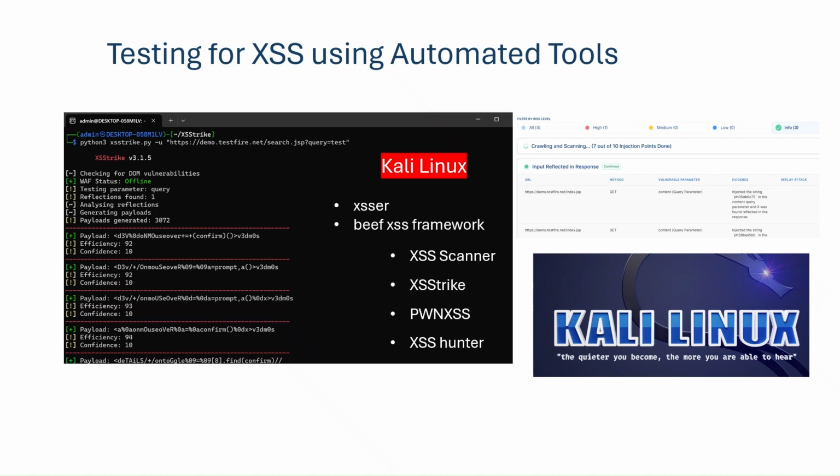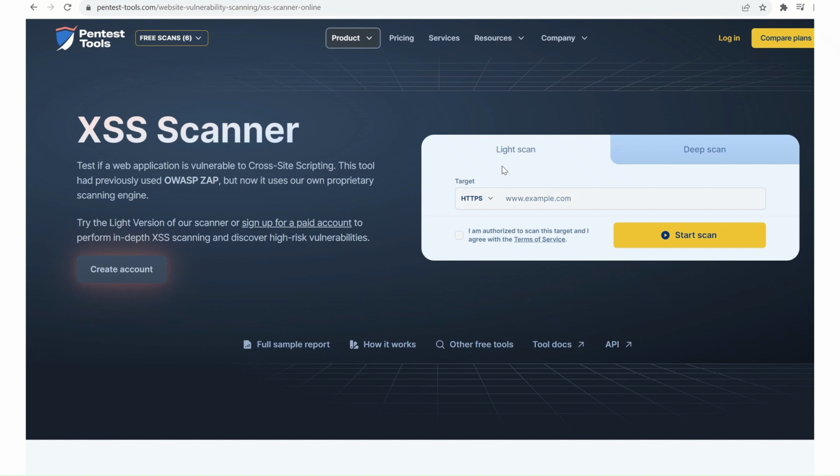Now we are going to look at XSS Scanner and XSStrike today. Now XSS Scanner currently has only an online version, but XSStrike is a tool that you can install manually within Kali Linux. Let's dive into XSS Scanner. So what you see here is the online version of XSS Scanner. Now XSS Scanner uses an internal scanner to scan for cross-site scripting vulnerabilities.